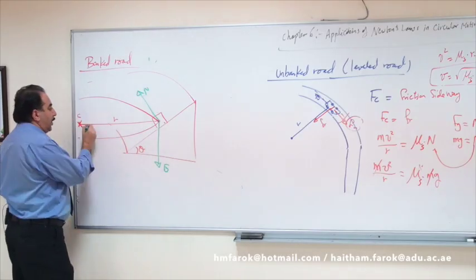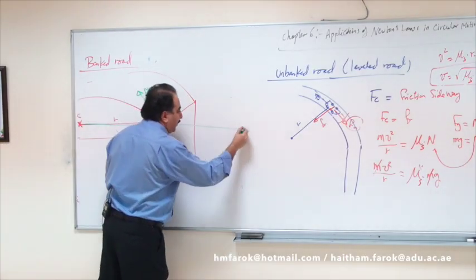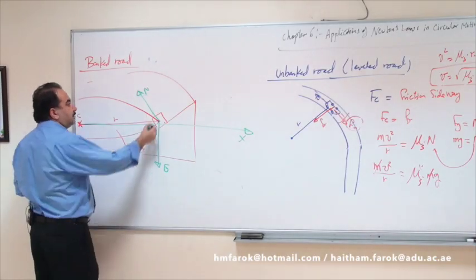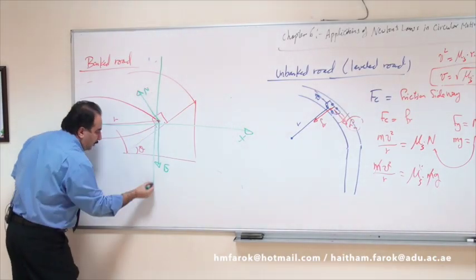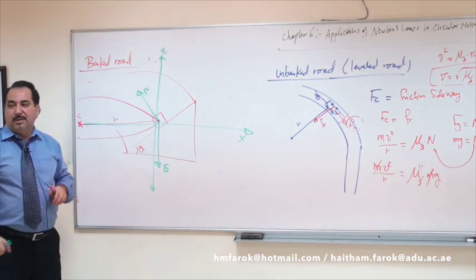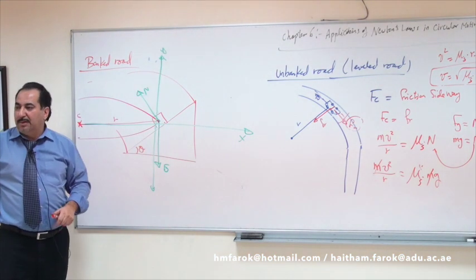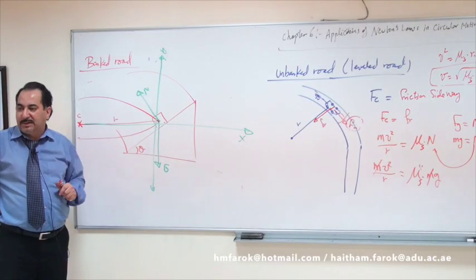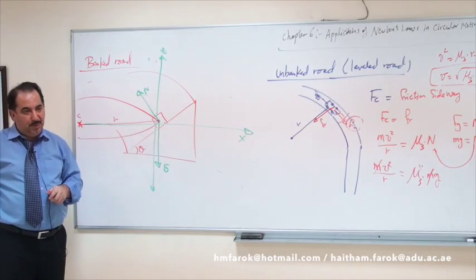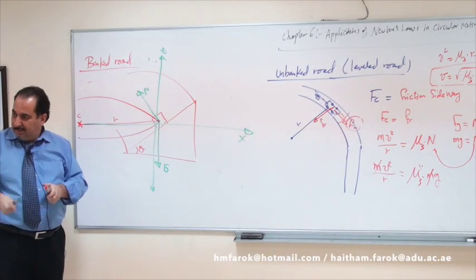So here now, I put the x-axis in the direction of the radius, horizontal, and the y-axis perpendicular. Now, look. Fg has a component? No, only on the y-axis. Where is N now? It has a component in the second quadrant.